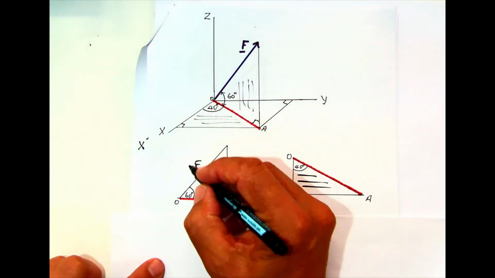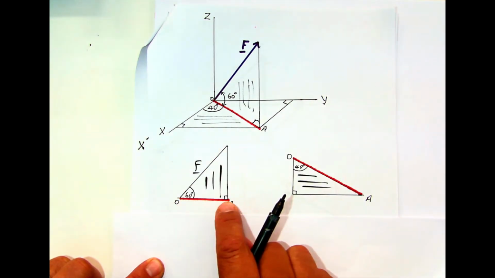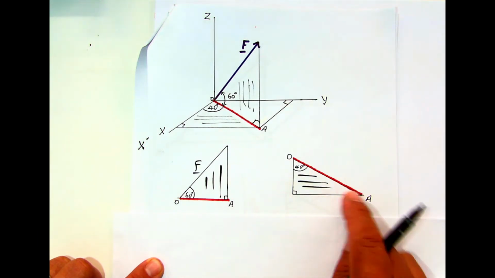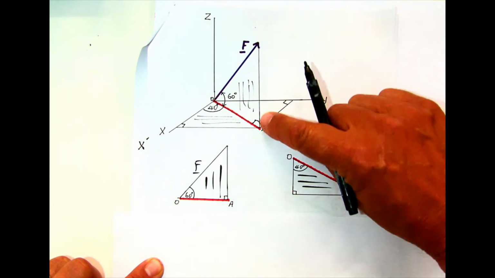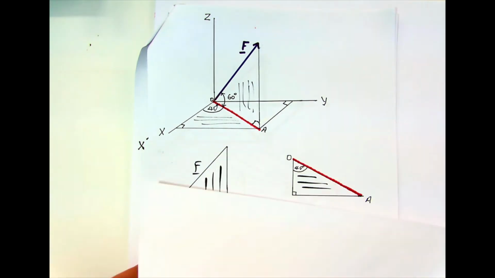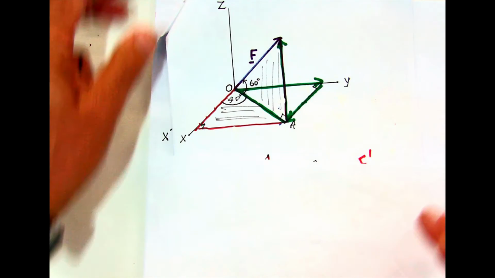So if you know the magnitude of this, let's say this is 100, and you know this is 100 cos 60, and then that is also 100 cos 60. And this will be this component, the z component, 100 sine 60. I think I've worked out something here, yeah. Here's the same one.